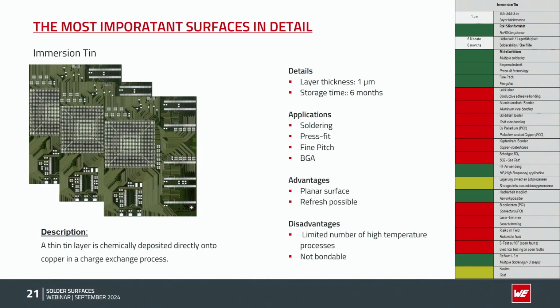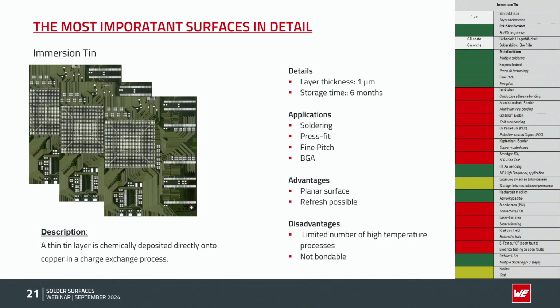It's an excellent planar surface, also possible for fine pitch applications. The disadvantage is the limited shelf life, of course, and the limited number of high temperature processes which could be applied. But it's a fine solder surface at all.